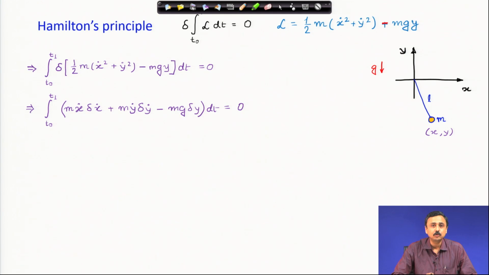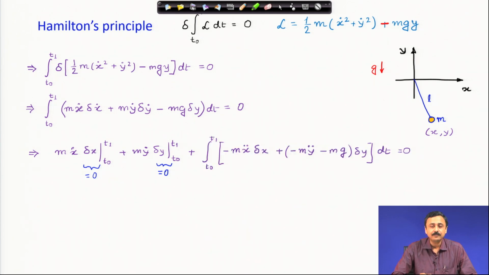We have gone through all these steps. We have the boundary terms, and remember that at t equal to t0 and t1 our variations are 0, of course. So, variation in x is 0, variation in y is 0.